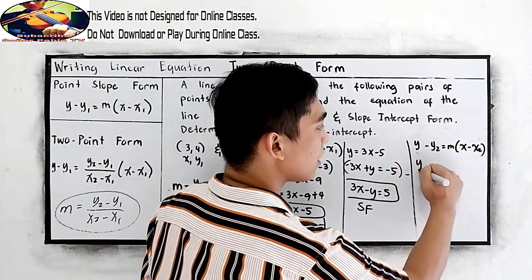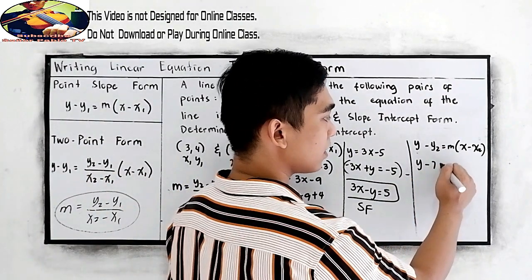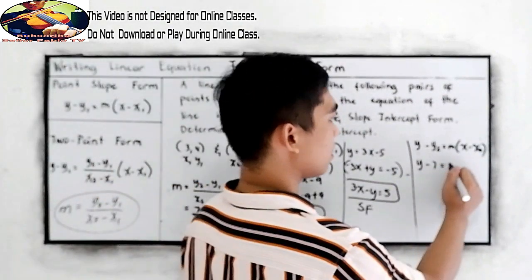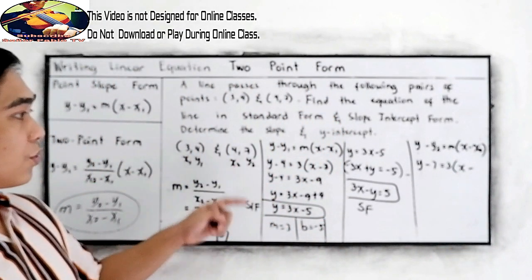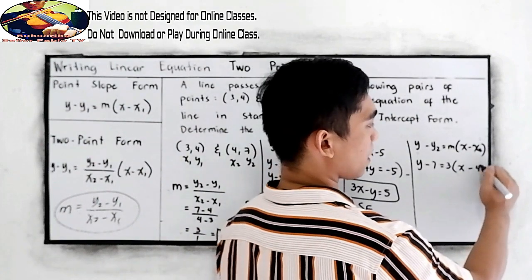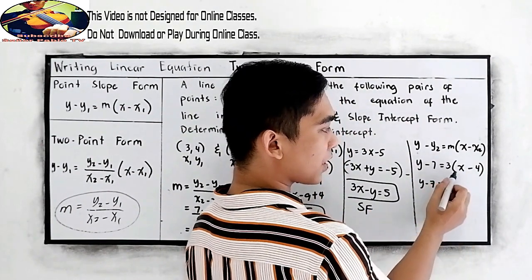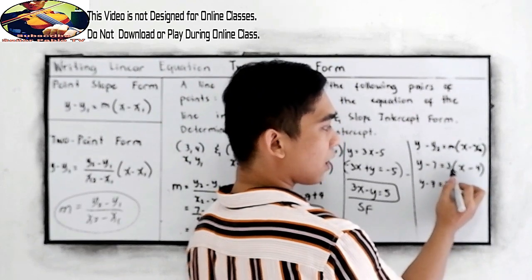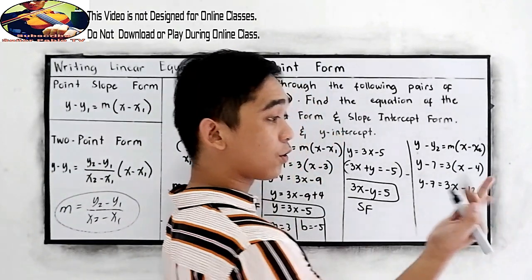So y minus y sub 2, which is 7, is equal to our m, which is 3, times x minus x sub 2, which is 4. So y minus 7 is equal to 3 times x, that is 3x, negative 3 times negative 4, negative 12.